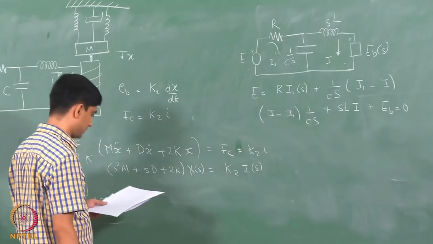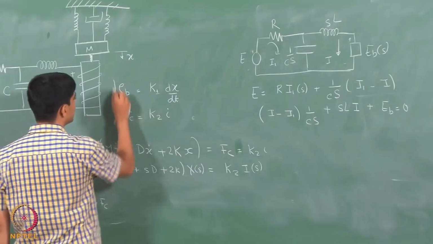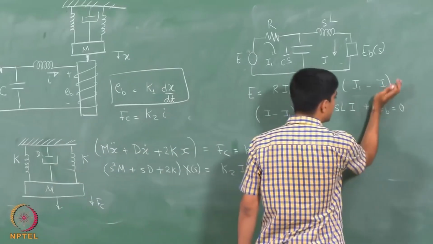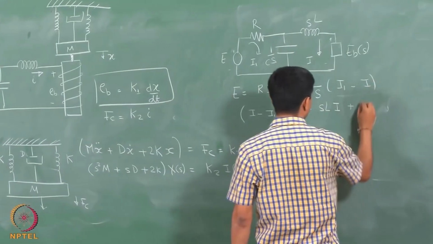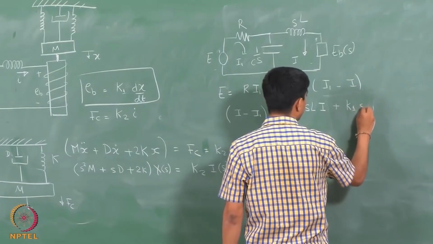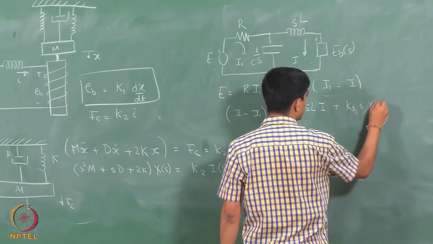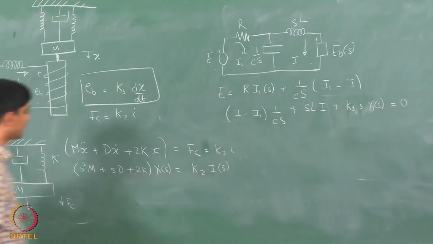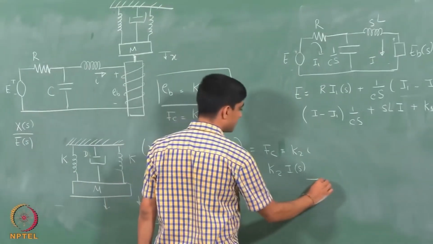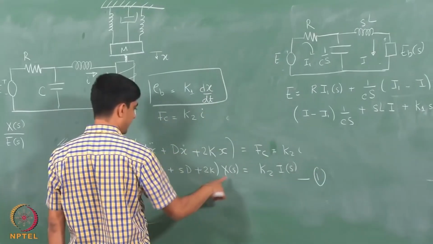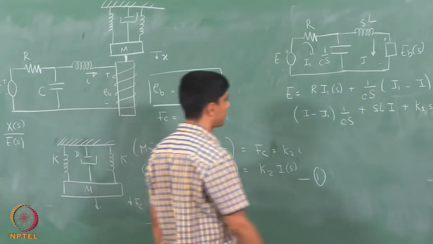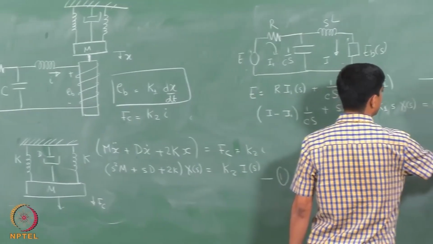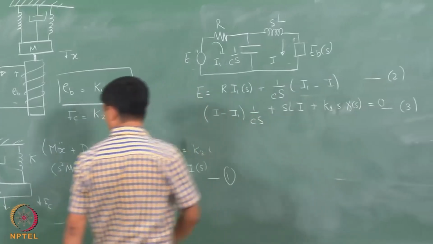Okay. So, okay, what is this EB? EB is K1 dx by dt. So, I could simply write this as K1 S x of S is 0. Okay. So, I have this equation relating x and I have these two equations relating the currents and the input voltage.